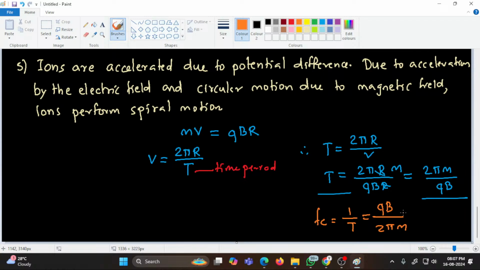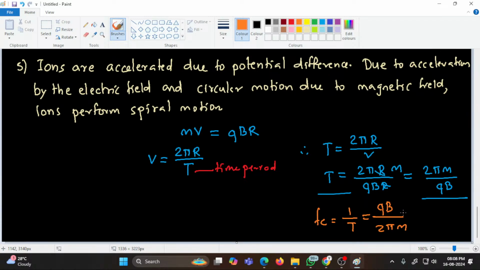The ions do not experience any electric field while they travel within the D, because within the conductor there is no electric field, we have seen in last chapter. So when the particle is moving inside the D, no electrostatic force acts on it.